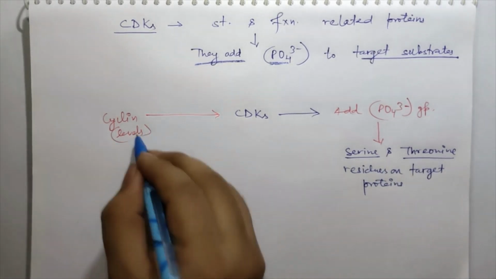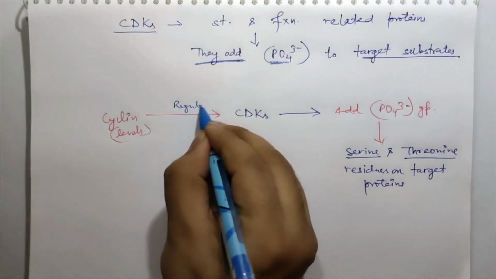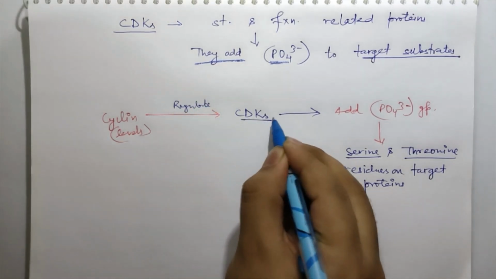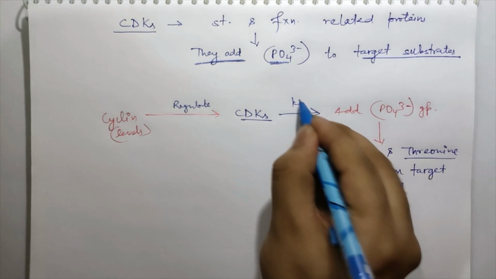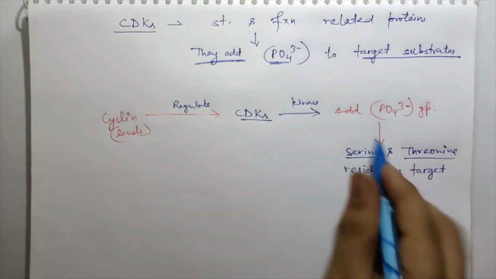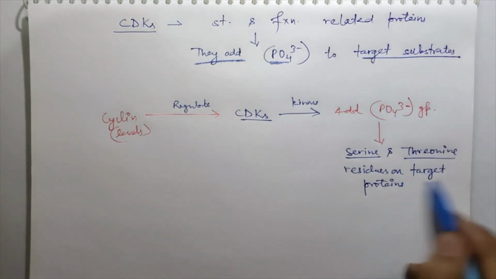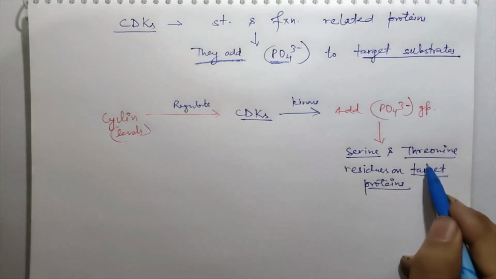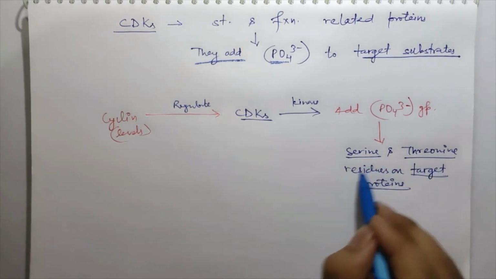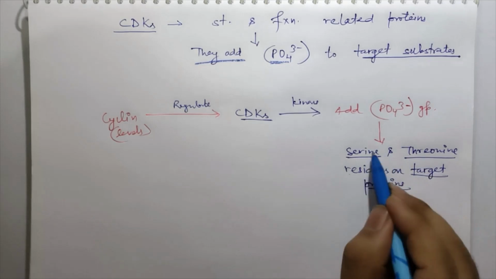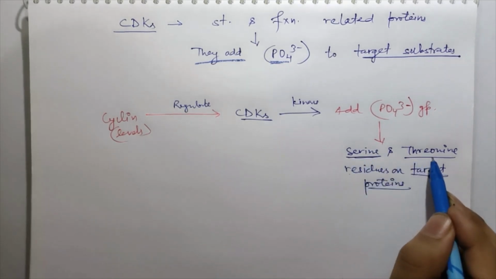Cyclin levels regulate this. First, CDKs have catalytic activity, that is kinase activity, and this kinase activity adds a phosphate group to target proteins. This addition occurs at specific amino acid residue sites, serine and threonine.